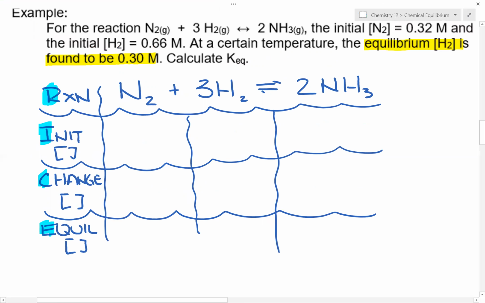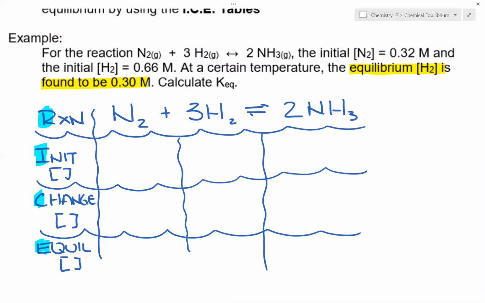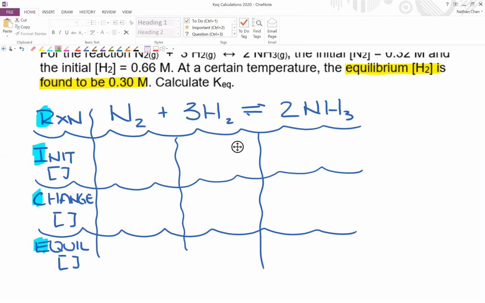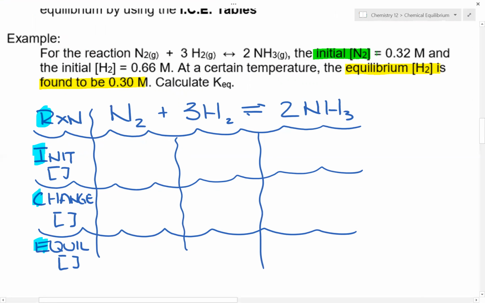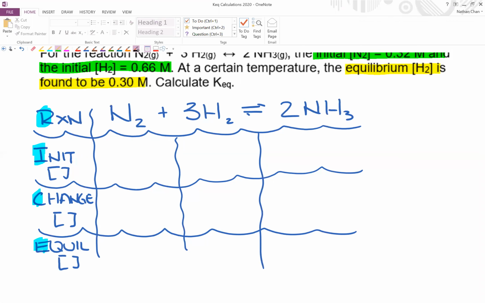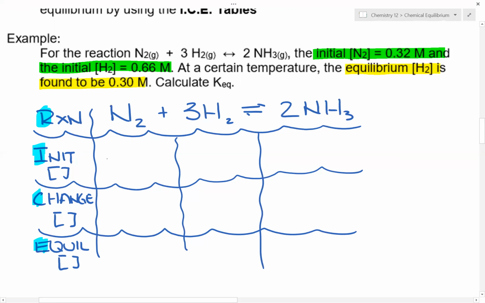Now, so where do we fill in this information? So it says here, we have the initial concentration of N2 and initial concentration of H2. So what we have here is this will be 0.32.